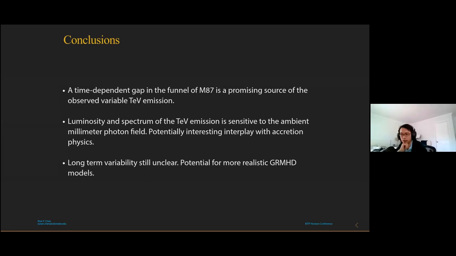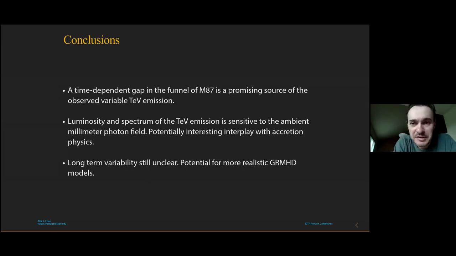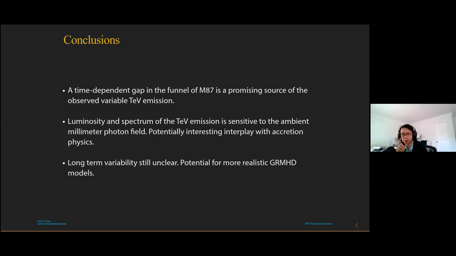Off the top of my head, I actually don't know what kind of observational constraints. The only thing I can think of is that during the 2008 period of activity of M87, there's a brightening of the radio core in M87. It's a slow process, so it happens slower, after we saw the TeV flares.